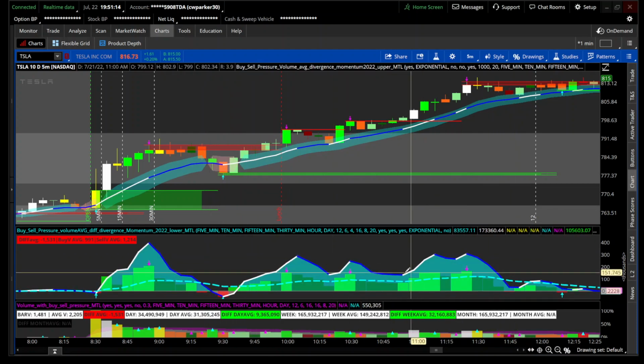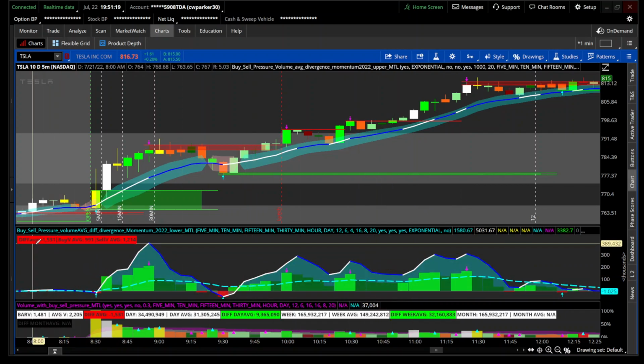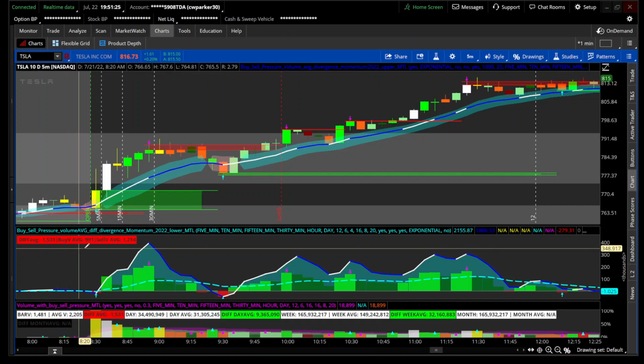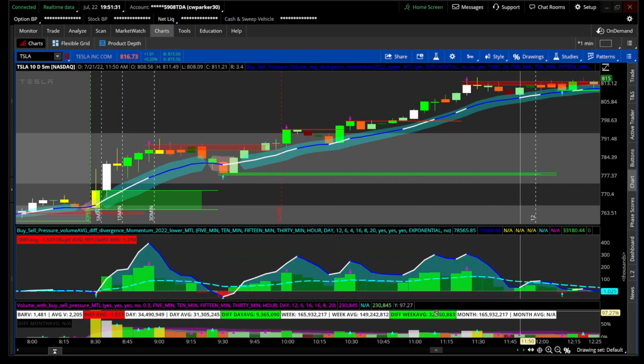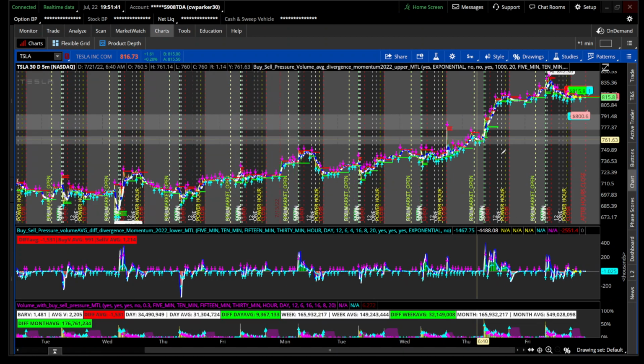You have your divergences within there, and then within your labels, you have your difference in buying and selling average. You have your buying volume average. You have your selling volume average as well. And this is the same thing down here within these labels. For the monthly to work, you have to be on a 30-minute time frame and have at least 30 days worth of data.